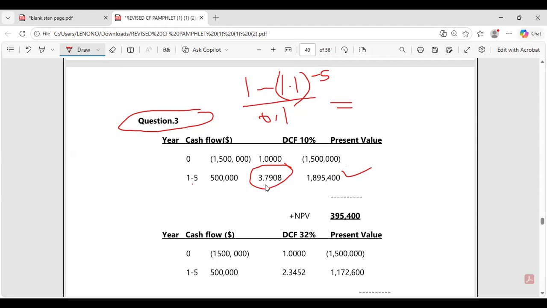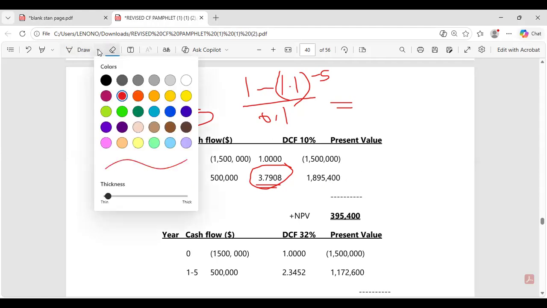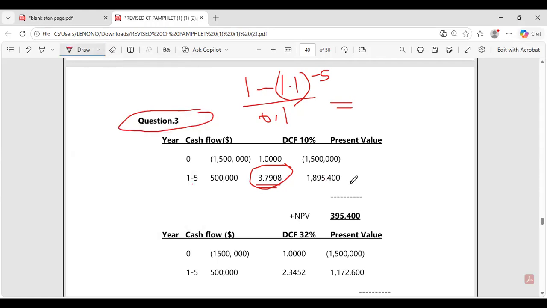Here, are you getting the 3.7908? Yes. After you get that, then subtract the 1.5. After you multiply, you get 1,895,400 minus 1,500,000.